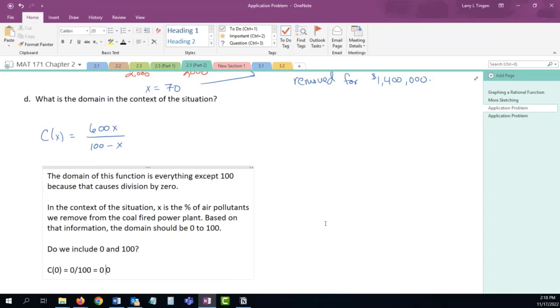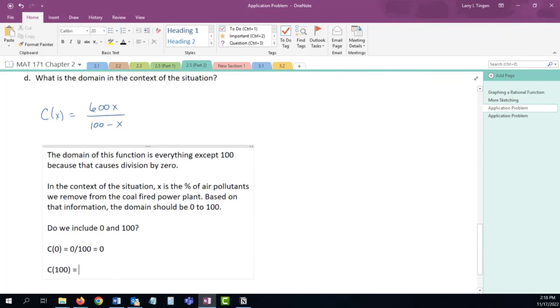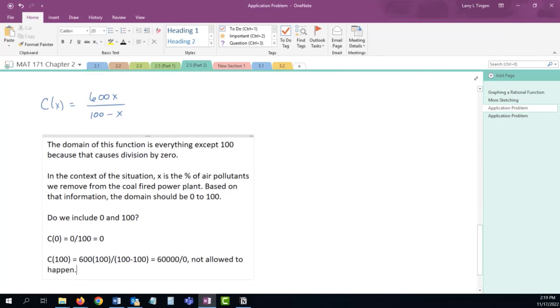To remove no air pollutants, it costs me nothing. That makes sense, right? So that one's fine. What about 100? Well, that's going to cause a problem. We already know that from the algebra. That's going to be 60,000 divided by 0, which is not allowed to happen.